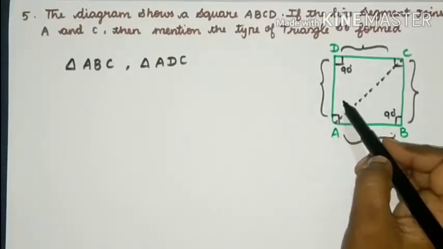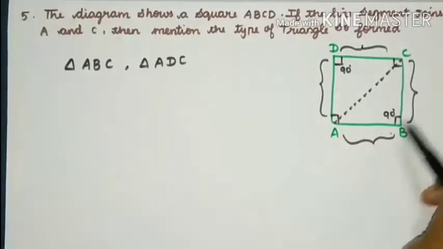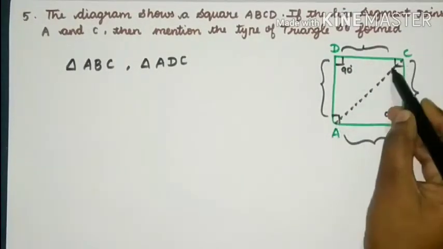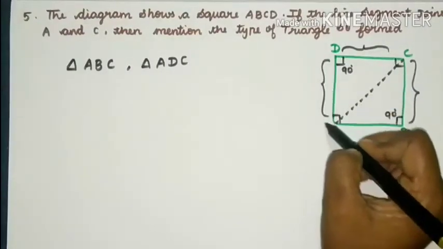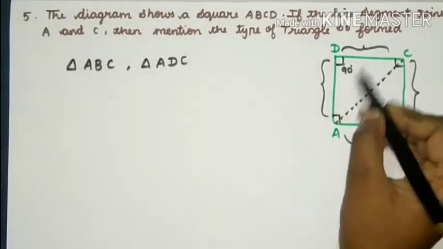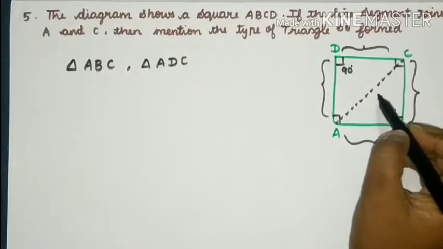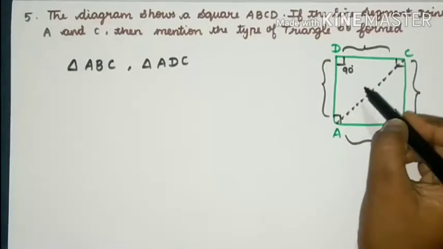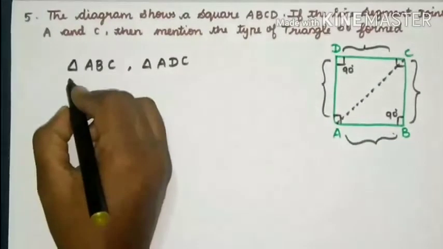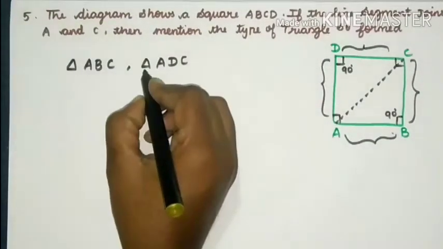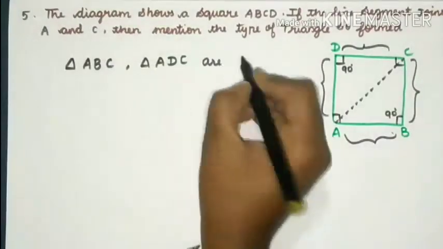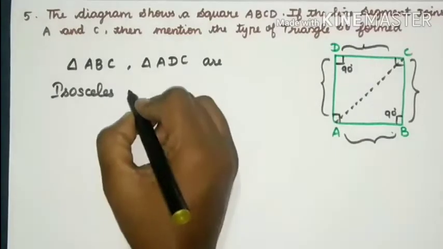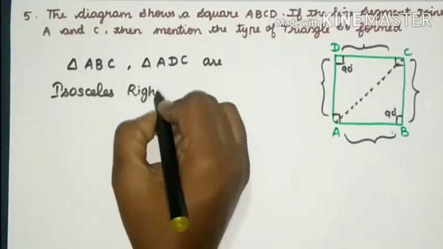And the other clue is all the 4 sides are equal. So, after drawing the line segment to join AC, in the triangles 2 sides are equal and one is different. If in the given triangle 2 sides are equal, it is an isosceles triangle. So, triangle ABC and triangle ADC are isosceles right angled triangles.